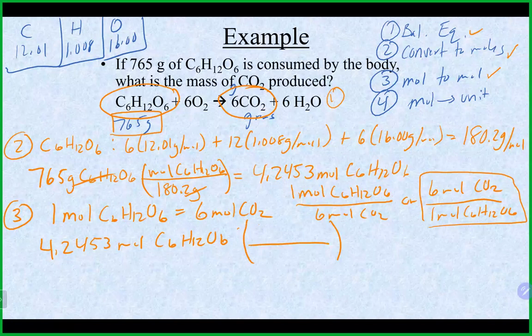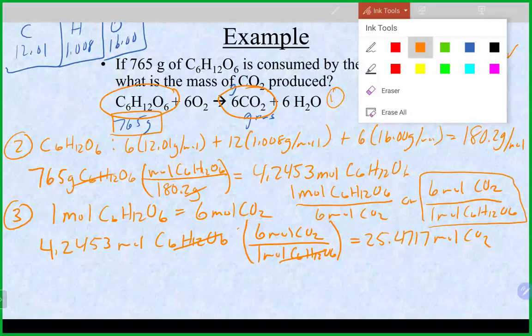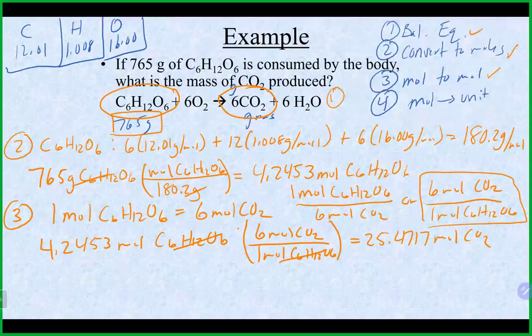That will get us 6 moles of CO2 up on top, 1 mole of our C6H12O6 that we want to get rid of on the bottom, and that will yield us there about 25.4717 moles of CO2. Once again, if we were interested in just moles, we would be done at this point. That is also our theoretical yield in moles.